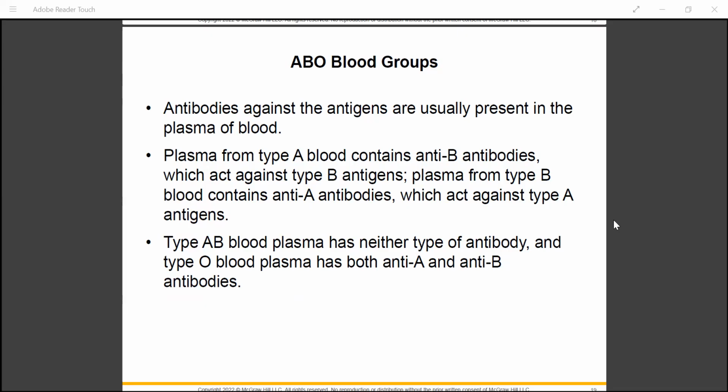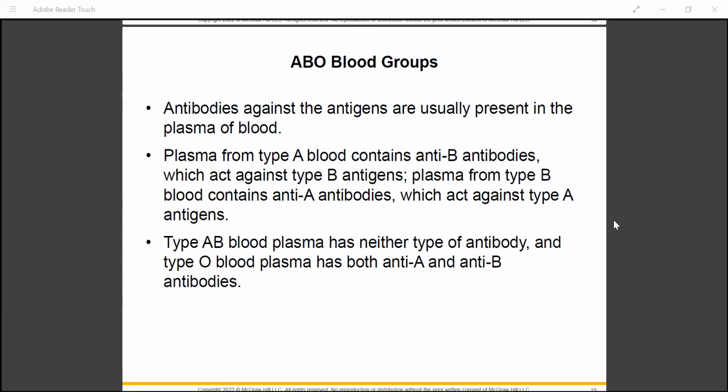So if you were to put type B blood into a type A person, those anti-B antibodies would attack those new blood cells because they contain the type B antigen, and vice versa if you put type A blood in a type B person.